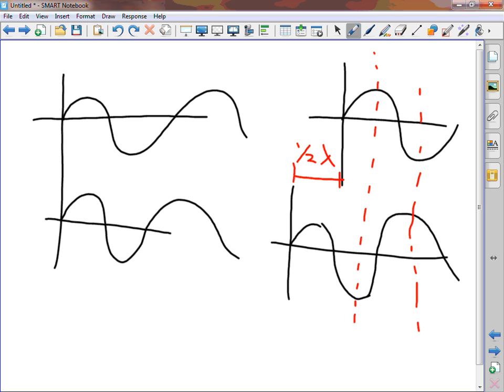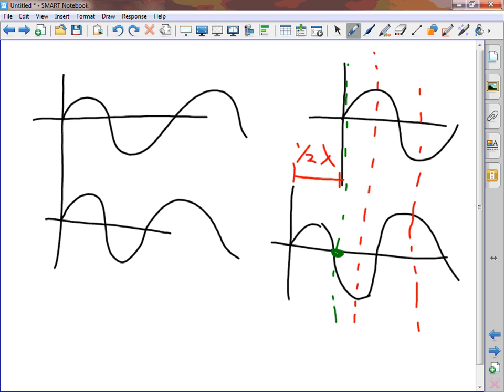Check this out. If I extend this guy down, it's pi out of phase, 180 degrees out of phase. One went up, the other went down, causing destructive interference. This is path difference leading to a phase difference, thus destructive interference. Does that make sense to everybody?